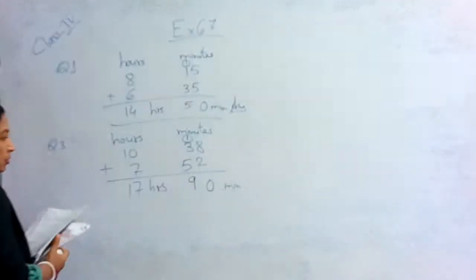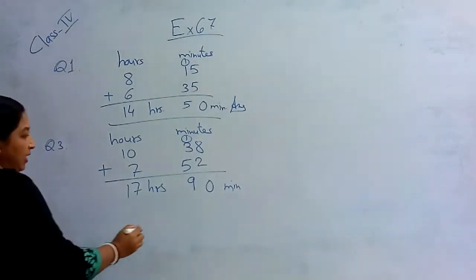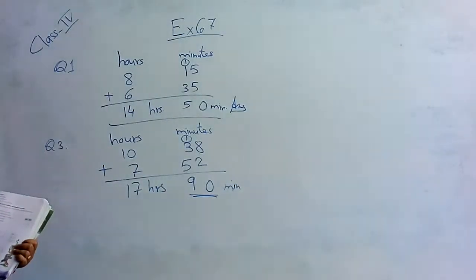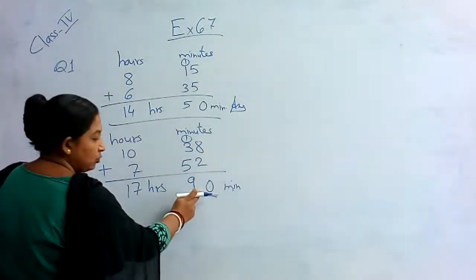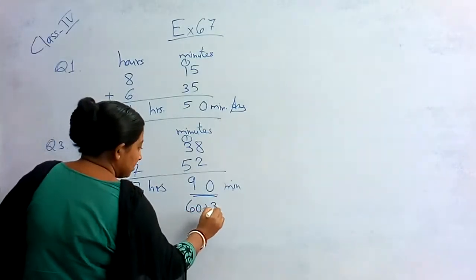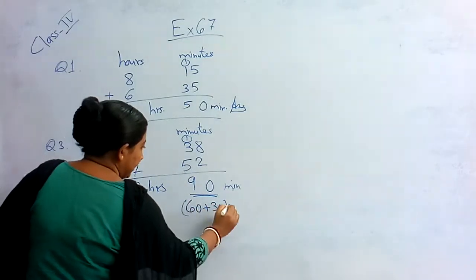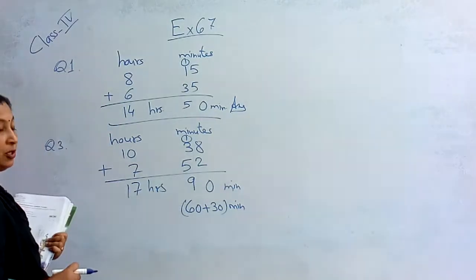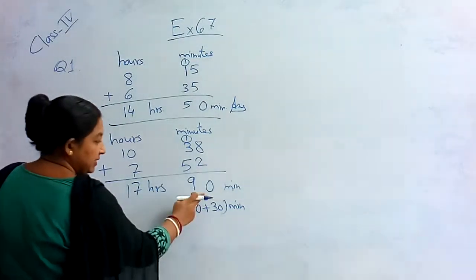Okay, now just see, in 1 hour there are 60 minutes, but here it is 90, more than 60. So you will break this 90 into 60 plus 30 minutes. So 60 plus 30 means 90.